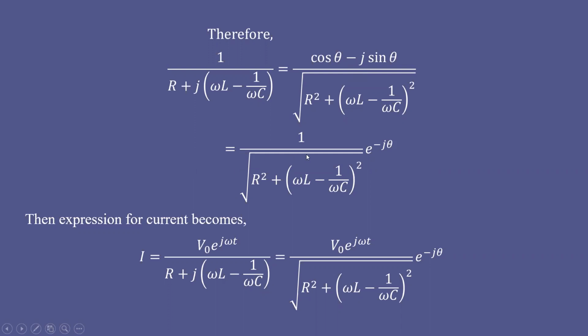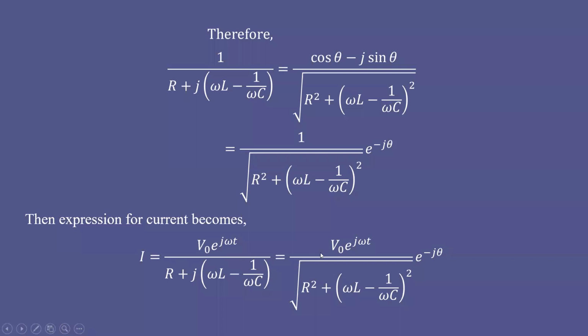So therefore, you will get finally the expression for this term equal to 1 by square root of R square plus omega L minus 1 by omega C the whole square into e to the power minus j theta. Then what will be the expression for current? Current will be equal to voltage by total resistance. And this 1 by total resistance is equal to this term.